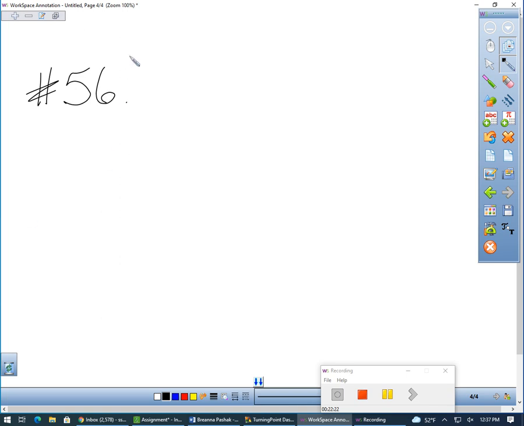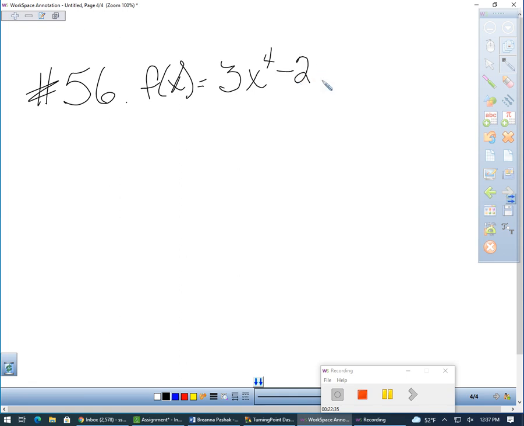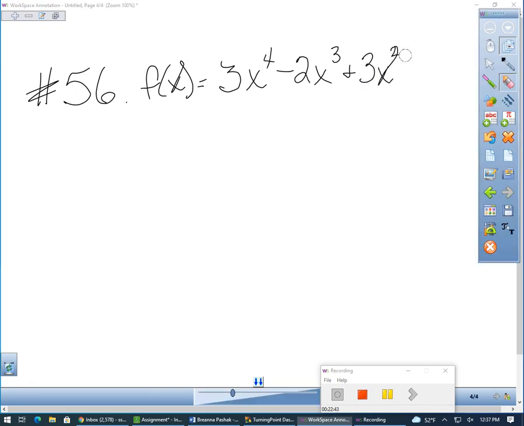Number 56 starts off as f of x equals 3x to the 4th minus 2x to the 3rd plus 3x squared plus x minus 2.